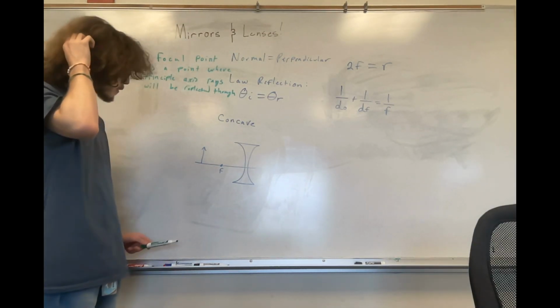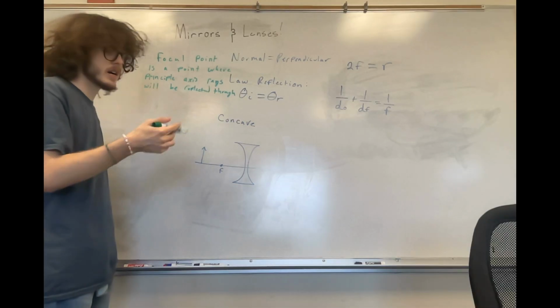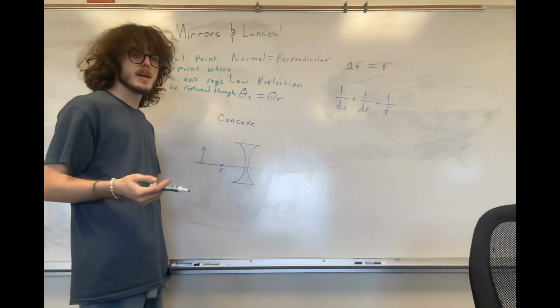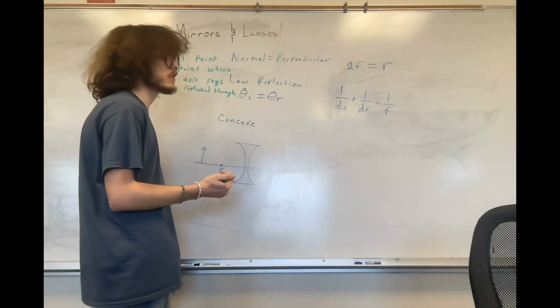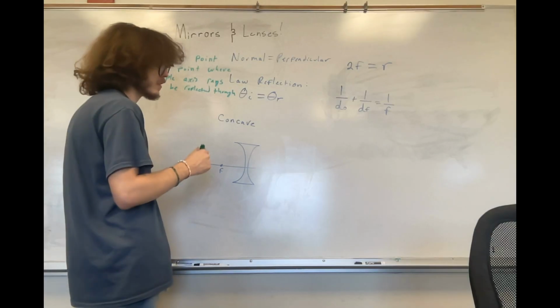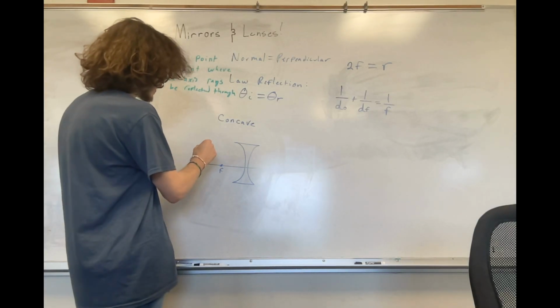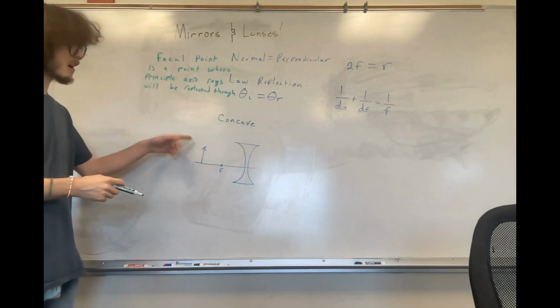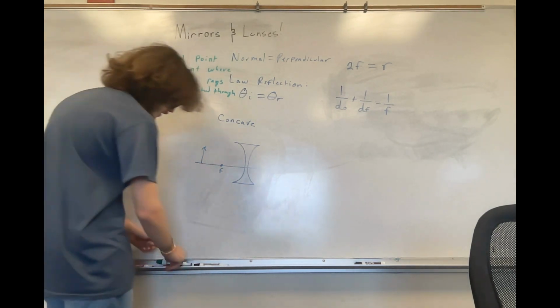So pretty simple. Let's try and understand what kind of image we'll get in this case. And I recommend every time you get a problem, draw your ray tracing diagram. It will help you see a little bit beyond the math, although if you're crunched for time, maybe not. So let's assume that this arrow is our object. So this is d naught.